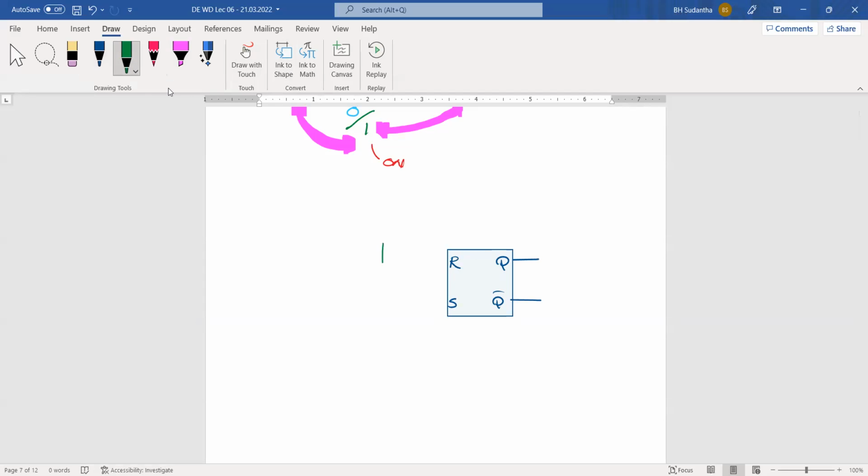Now we are introducing this part of the circuit. We introduce 2 electronic switches here and combine these 2 control inputs together. Then we can have 1 control input here, and these are the R and S values.